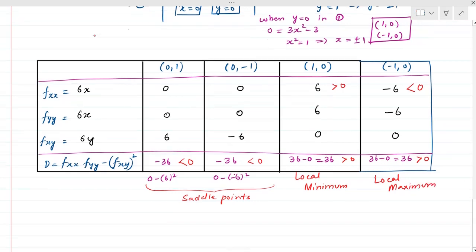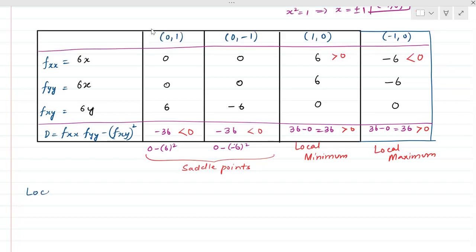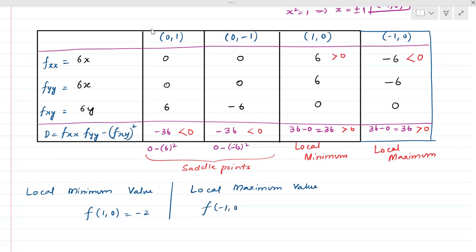So I have to find the values at the end. Just take the function. The local minimum value is f(1, 0). Just substitute the values in the function f(x, y) and you will get minus 2. Now the local maximum value is f(-1, 0).